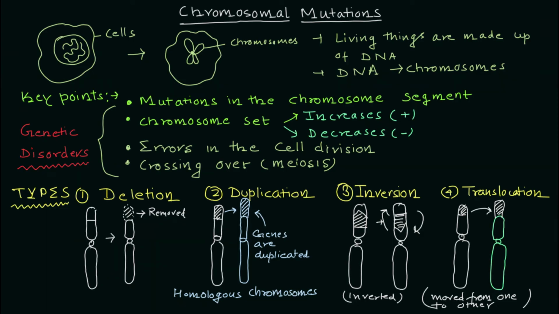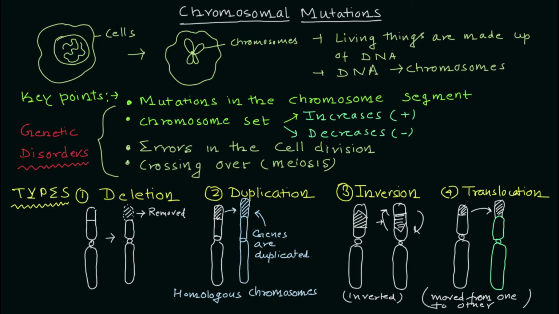So this is the introduction to chromosomal mutations. In this one, we have discussed the key points. We have discussed that mutations in the chromosome segment are known as chromosomal mutations. Aneuploidy and polyploidy are also part of chromosomal mutations. I'm not going to discuss them here because this video would be too long. But I'll definitely discuss that in the next video, where we will discuss chromosomal mutation based on number.